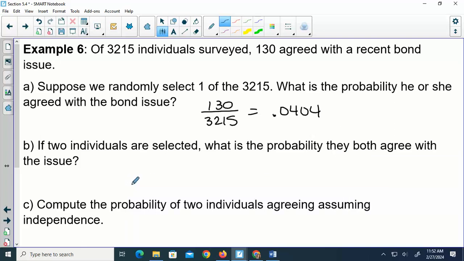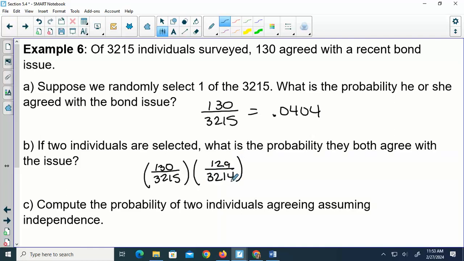If two individuals are selected, what's the probability they both agree? So what's the probability the first one would agree? 130 out of the 3215, or you could do the decimal. All right, if I've already talked to one person that agreed, how many people are left that agree? Out of how many total people?